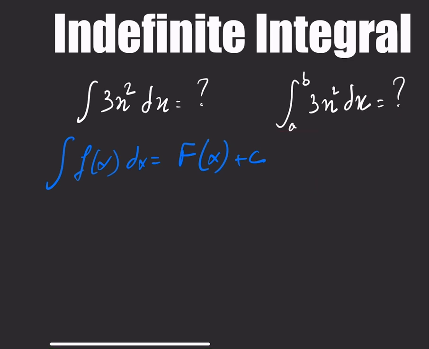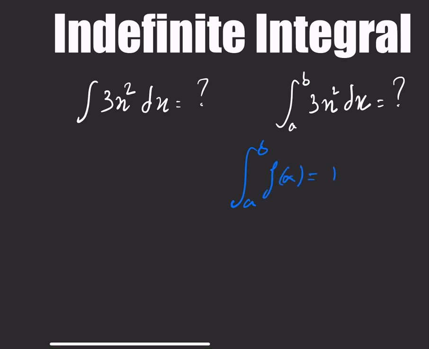In other words, the regular integral has limits, and we usually write it as the integral from a to b of f of x dx, which equals F of b minus F of a.